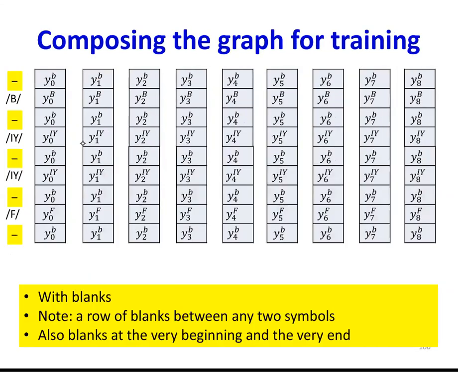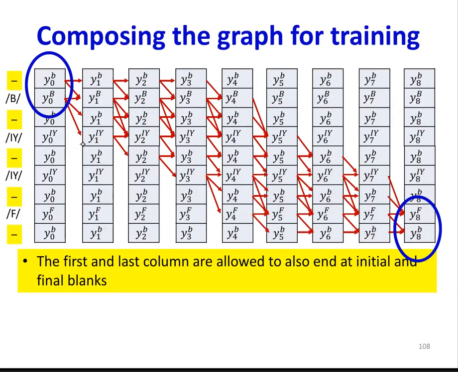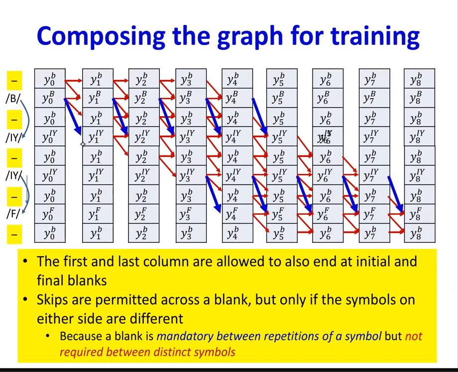Okay, and so this is how we're going to compute the graph. Observe that the first and the last columns are also allowed to end at initial and final blanks. Skips are permitted across a blank, but only if the symbols on either side are different, because a blank is mandatory between repetitions of a symbol, but not required between distinct symbols.